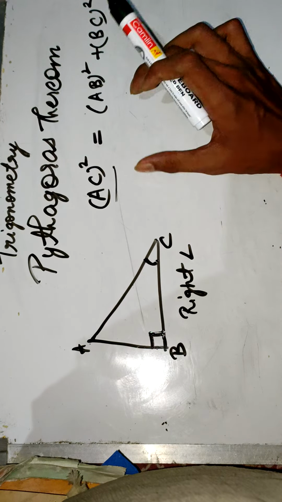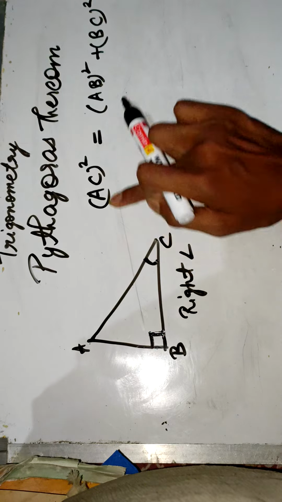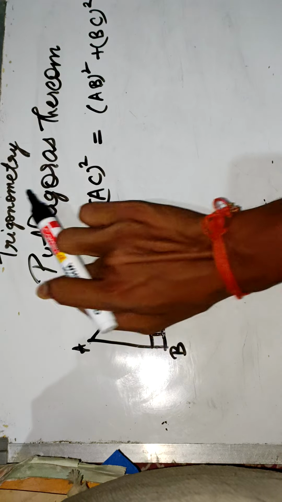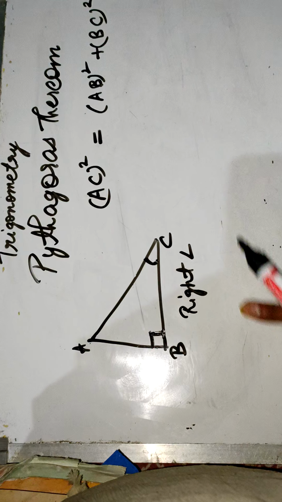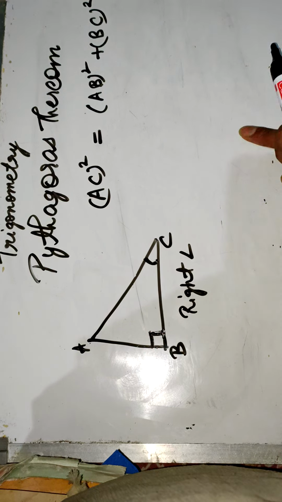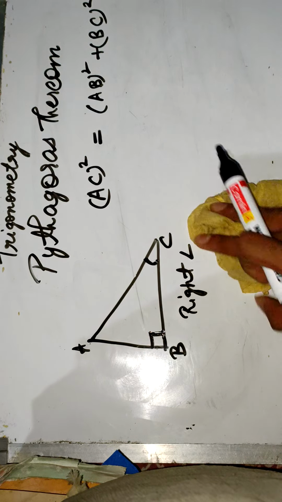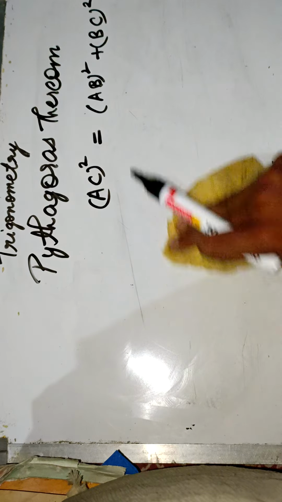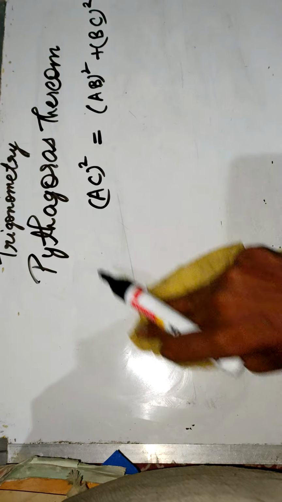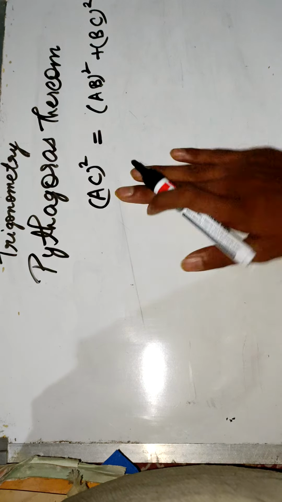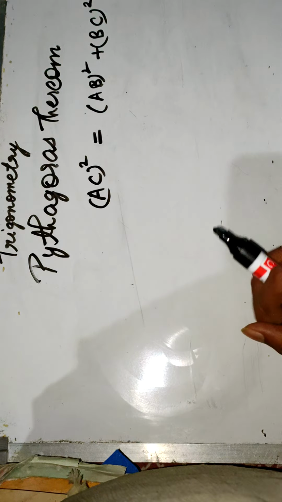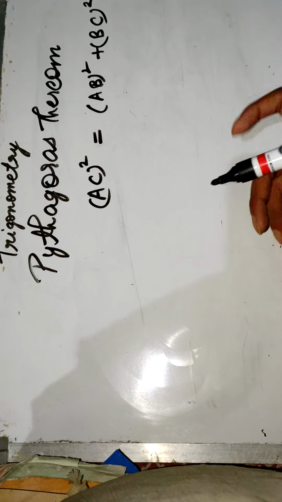This theorem was given by Pythagoras, a Greek scientist, and it was applied in other chapters and other units of mathematics also. Now this can also be applied in trigonometry. How it can be applied, we are going to see here.